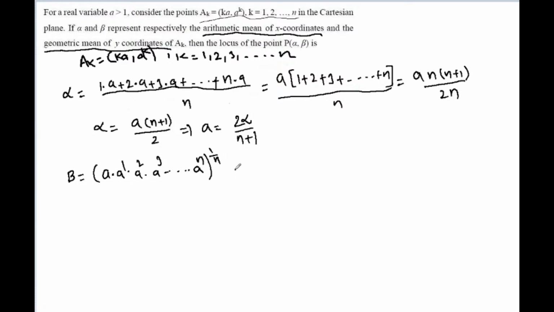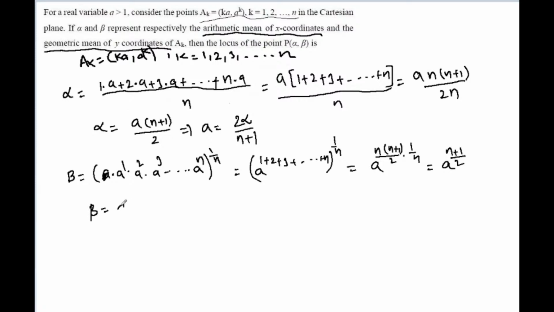So a to the power of (1 plus 2 plus 3 plus up to n) whole to the power of 1 by n, that is equal to a to the power of n into (n plus 1) by 2 into 1 by n. This n cancelled, that is equal to a to the power of (n plus 1) by 2. This is the beta value. Beta is equal to a to the power of (n plus 1) by 2.